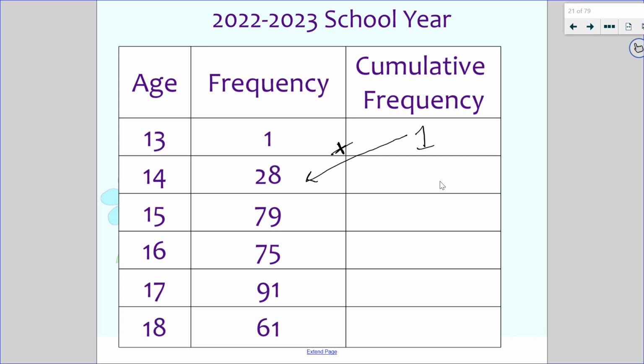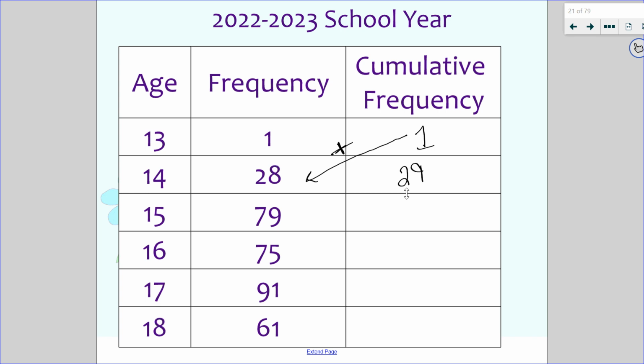So you're adding 1 to the new category, so the 14-year-olds, and then that's going to give you 29. So there's 29 students that are 14 and younger. So the cumulative frequency tells you the students that are that category and younger.